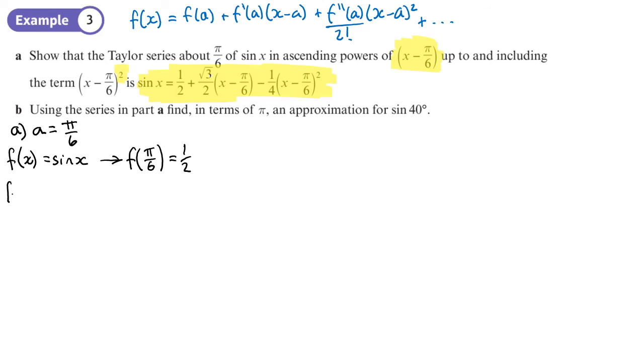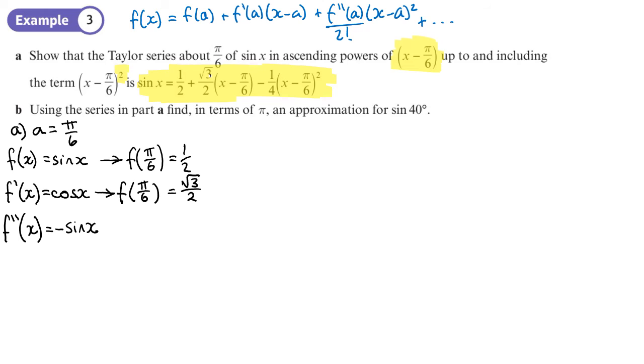Let's differentiate. Sine becomes cos x. So we now want cos of pi over 6, and if we do cos of pi over 6, we get root 3 over 2. We differentiate again, so this one's a nice easy one to differentiate. We get minus sine, and we don't need to go any further because we're only going up to the x squared term. And then f double dash of pi over 6 is basically going to be minus a half, minus what we got from the first one.